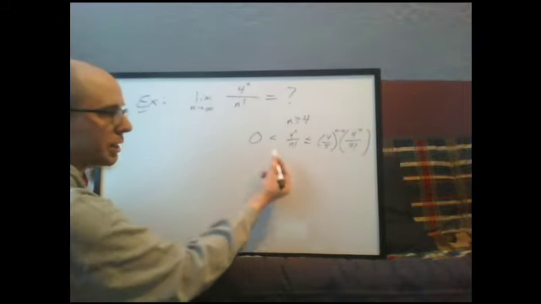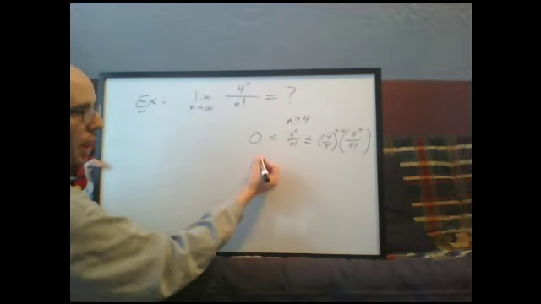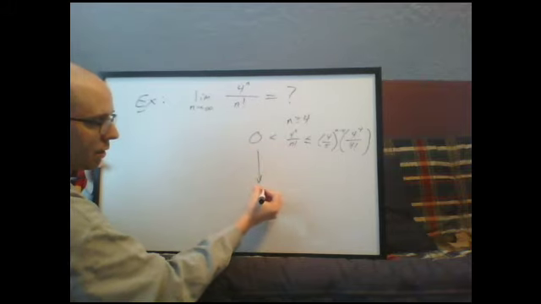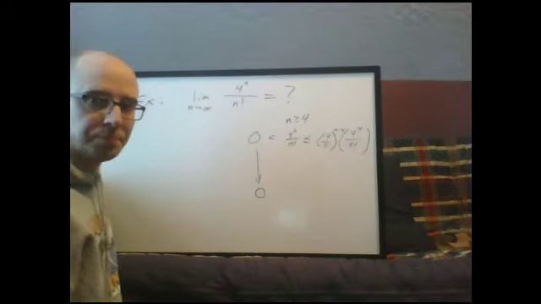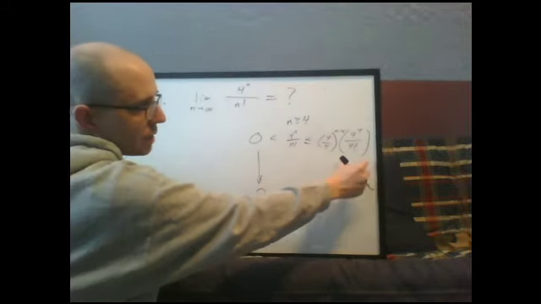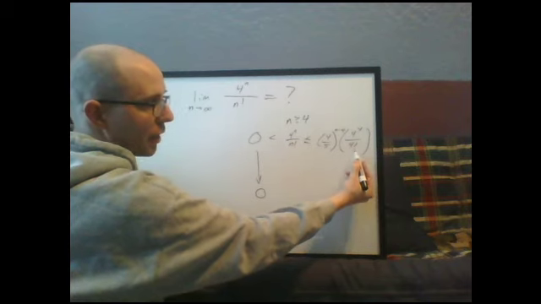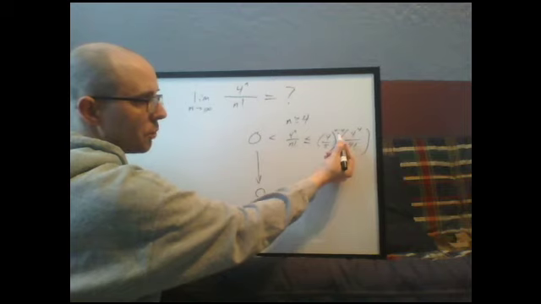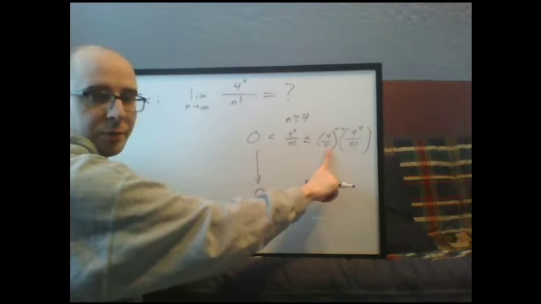So our sequence is trapped between two other sequences. And so if we ask what happens as n approaches infinity, 0 doesn't change. Whereas this, 4 to the 4th over 4 factorial, that's just a number. 4/5 to the n minus 4 is a geometric sequence like we talked about previously.